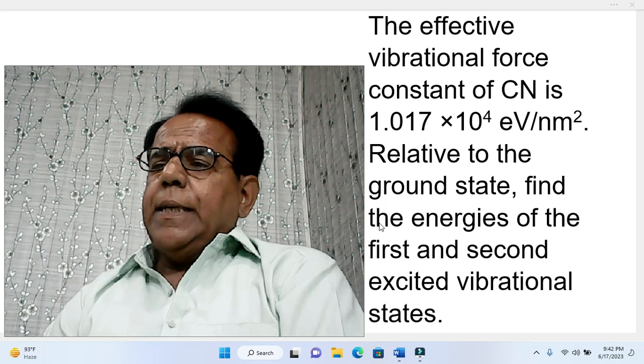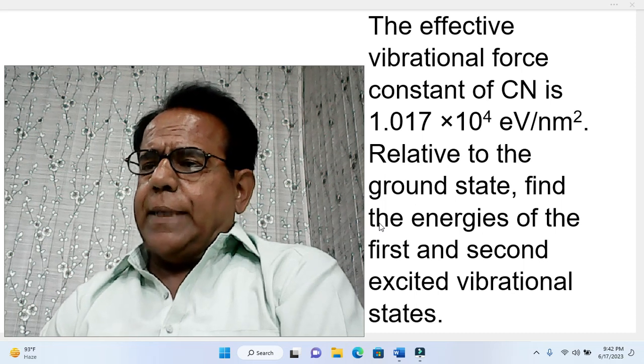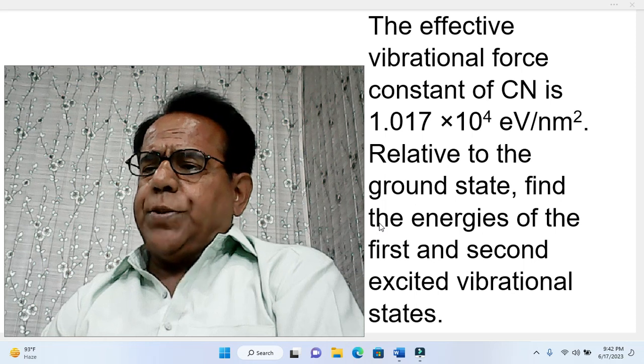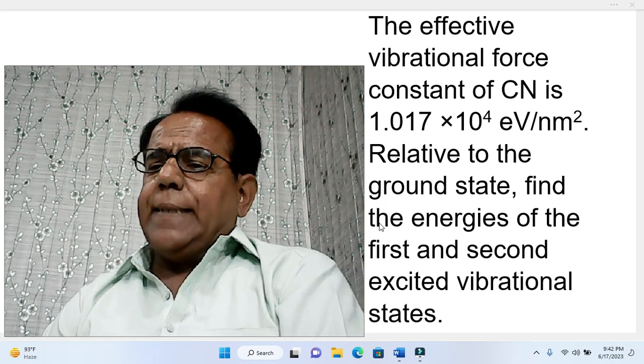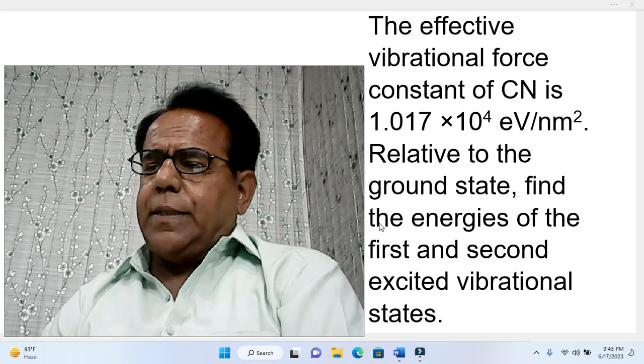Nano standing for 10 to power minus 9. Relative to the ground state, find the energies of the first and second excited vibrational states.